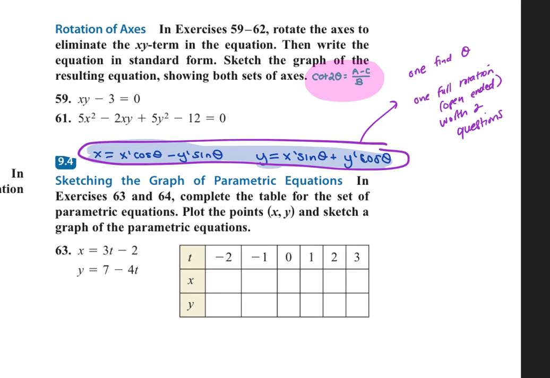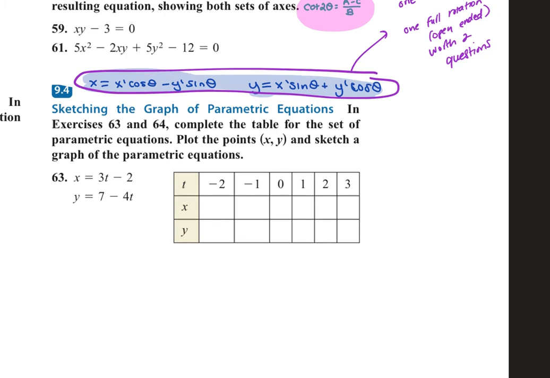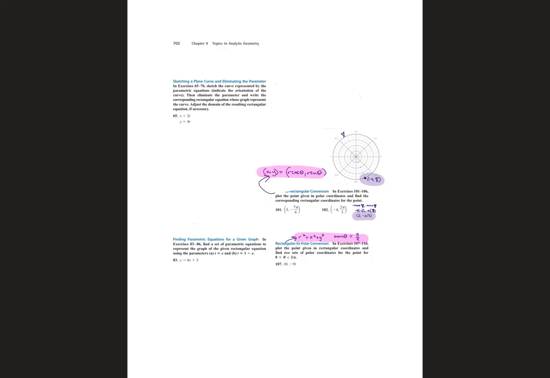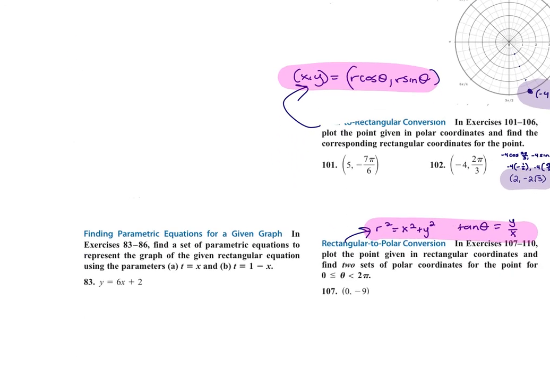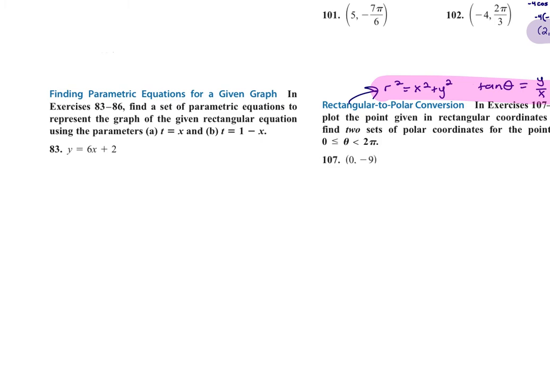9-4 started your parametric. This is your t, like you would be plotting your points and then graphing. Then we got into actually eliminating the t so that you have one equation, and finding the t equation when you only are given one of the parametric ones.